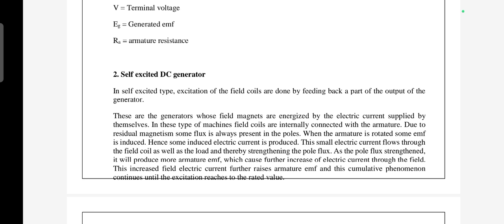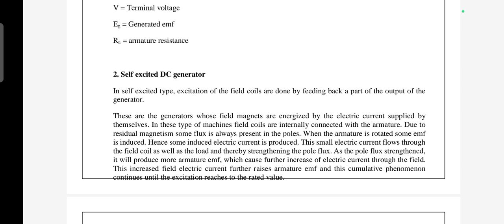In self-excited DC generator, the excitation of field coils is done by feeding back a part of the output of the generator. These generators have field magnets which are energized by the electric current supplied by themselves, so it is called self-excited. It is excited on its own. In this type of machine, field coils are internally connected with the armature.